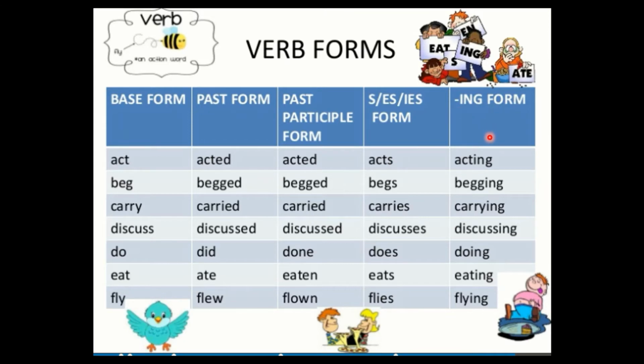So these are basically the 5 forms that a verb can be changed into. Now see some other examples of verb formation, like beg, begged, begged, then begs, and the ing form, or the participle form, is begging.